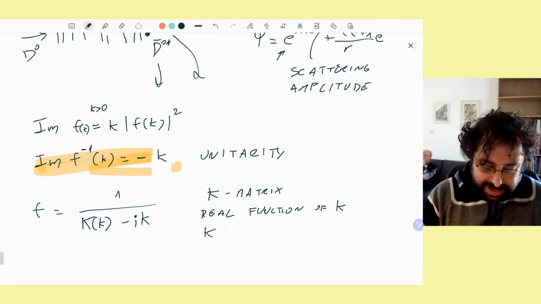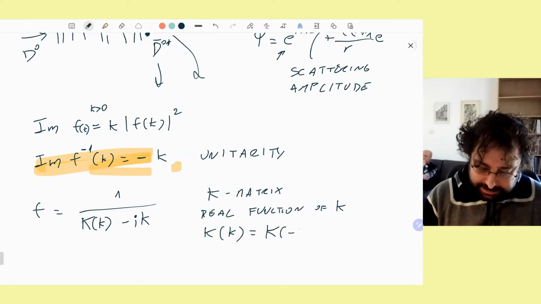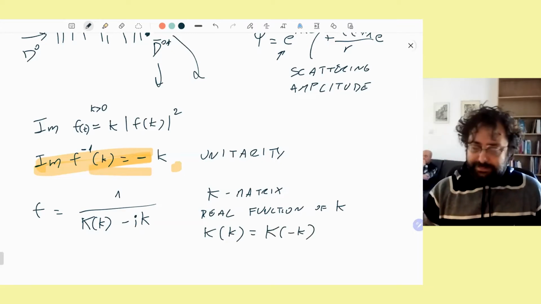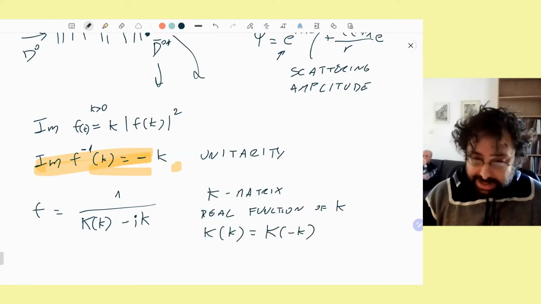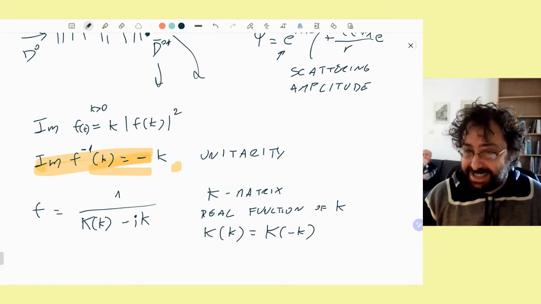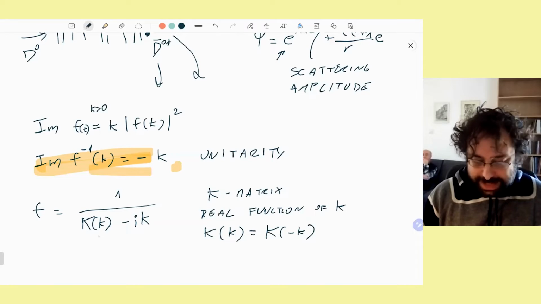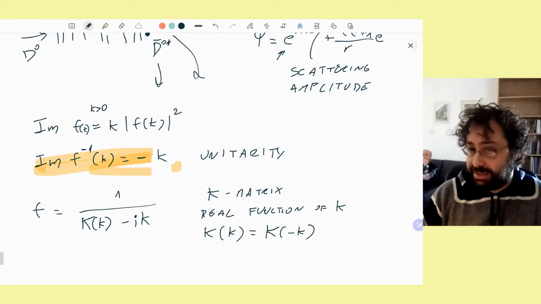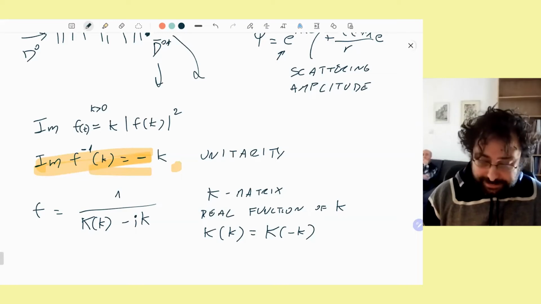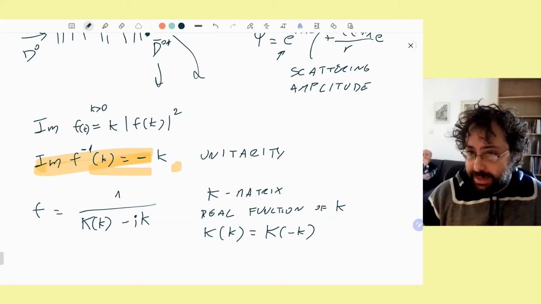It's an even function of K. This is related to the analytic properties of the amplitude, but I will not talk about this, and I'll just ask you to trust me on this point. And you can see that whatever function I choose, this unitarity relation is automatically satisfied. Any question?